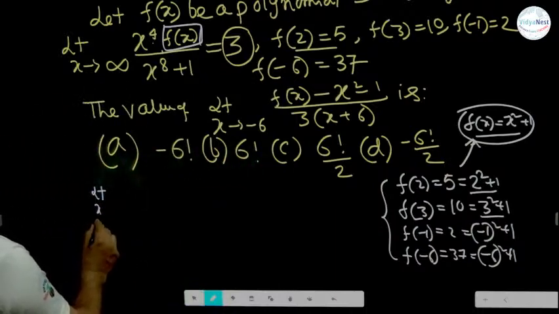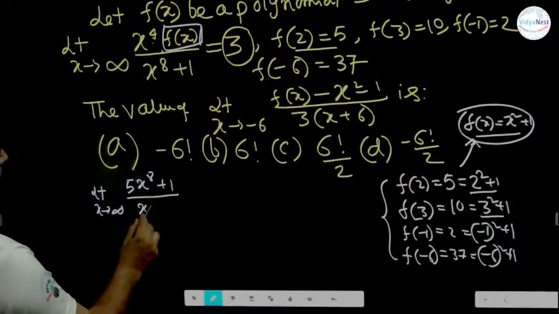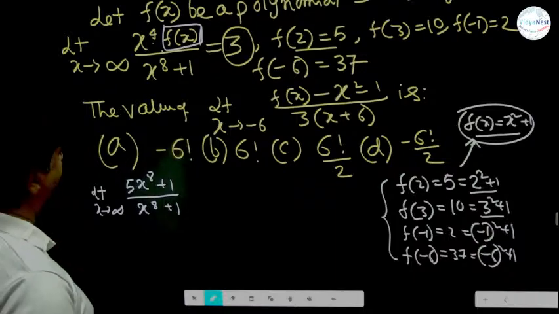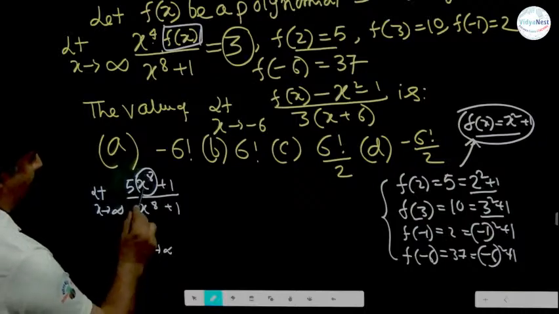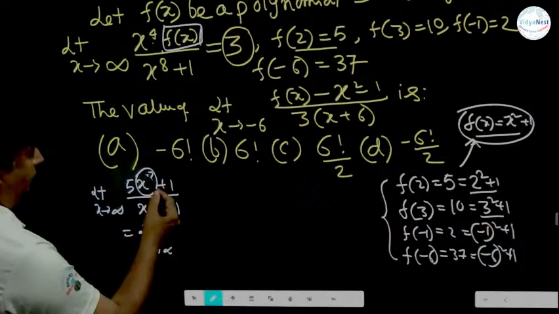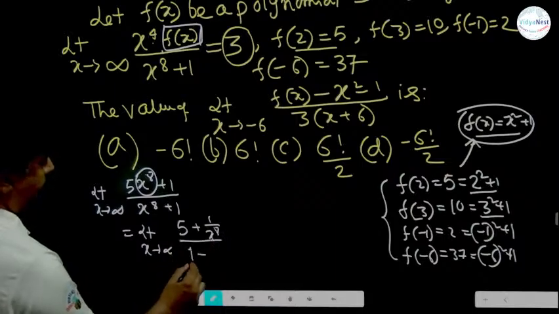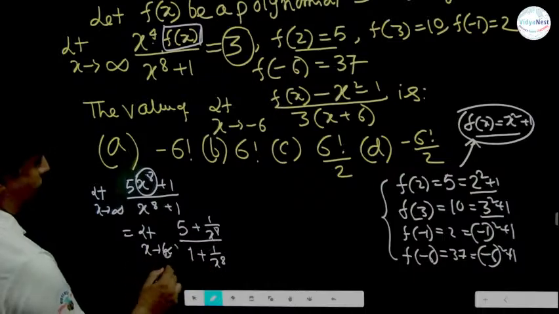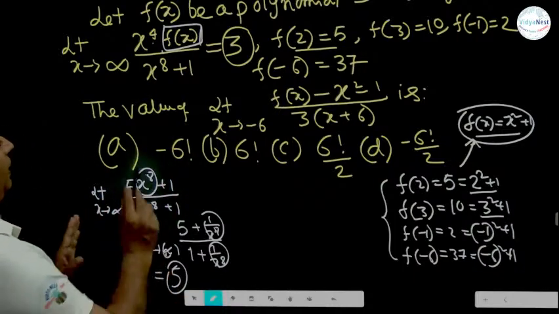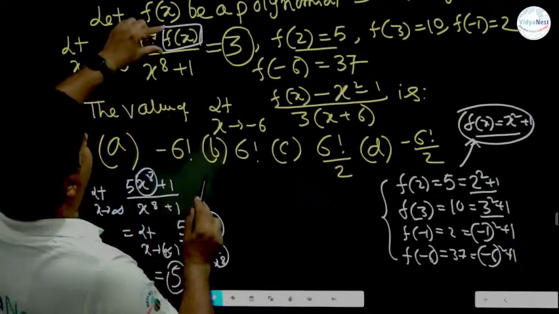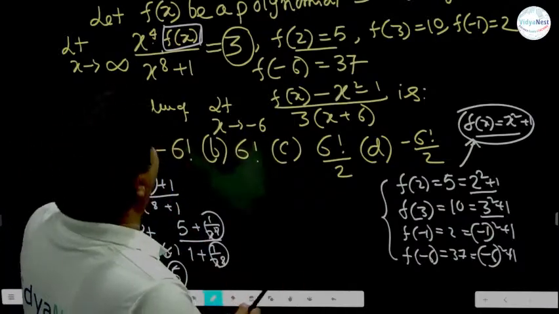Suppose you have x tends to infinity, x to the power 8 plus 1 over x to the power 8 plus 1. If you get that form, then only you can get a finite value. How? By dividing the numerator and denominator by the highest power. So, now if you put infinity, that will give you 0, answer will be 5. So, this will be defined if f(x) is such a polynomial whose highest power of the variable must be 4. Understand?